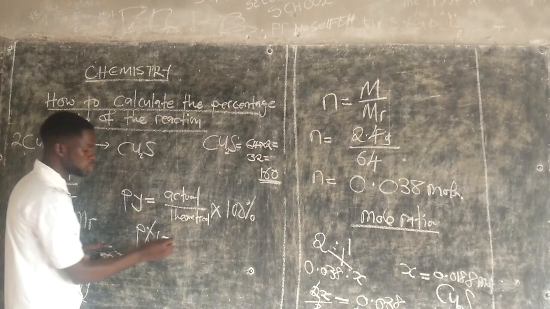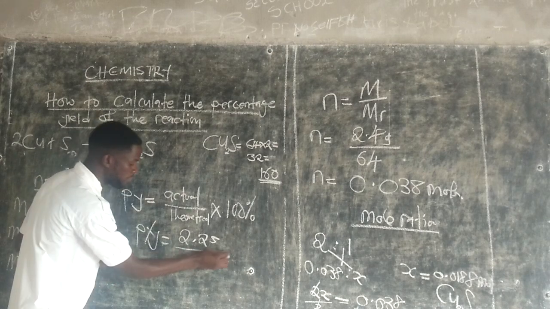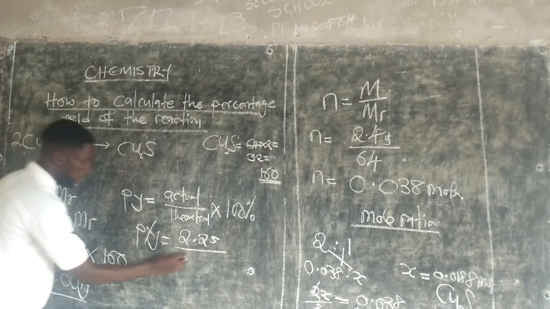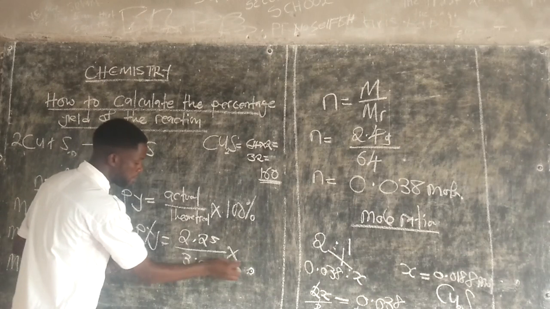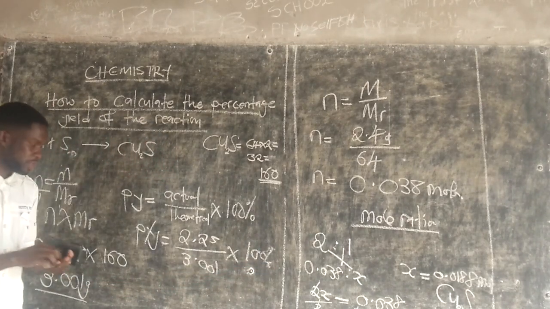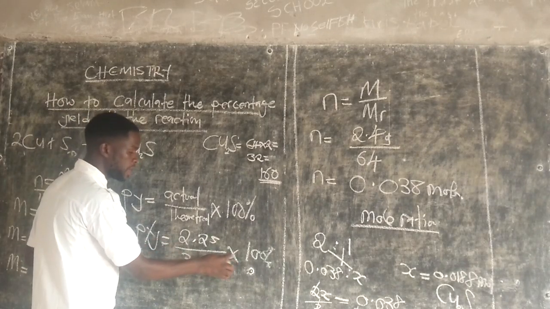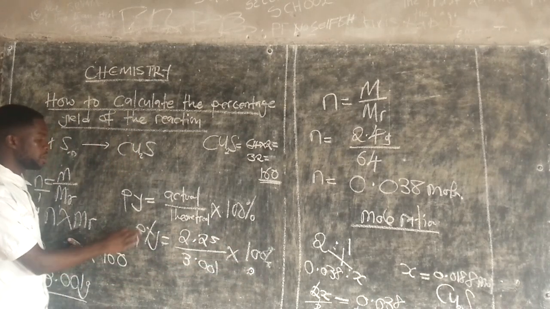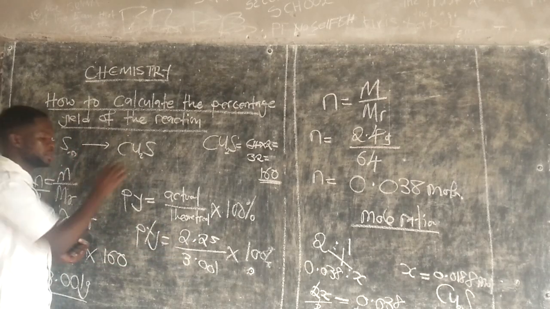In this case it was 2.25, over the theoretical, the one that we've calculated, which is 3.001, multiplied by 100%. So now we are going to calculate the percentage yield of this substance called copper sulfate.